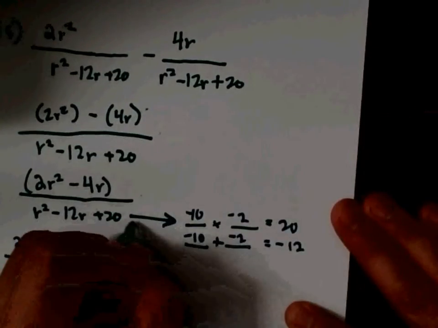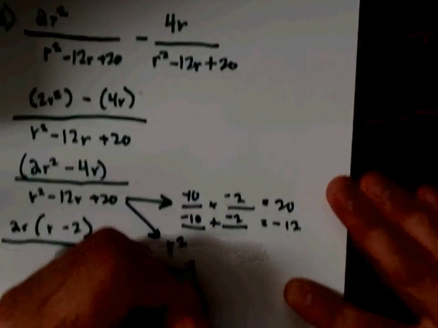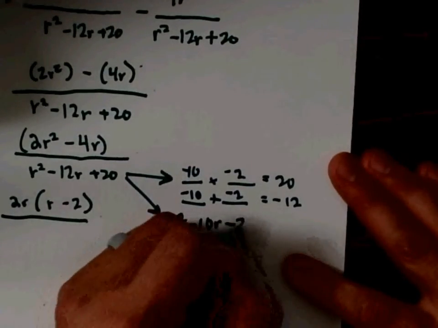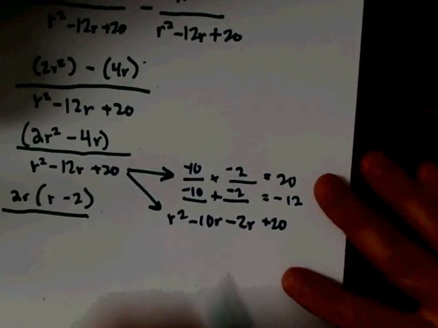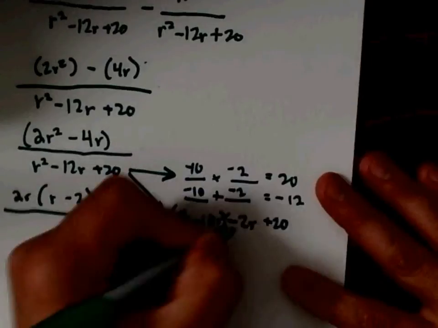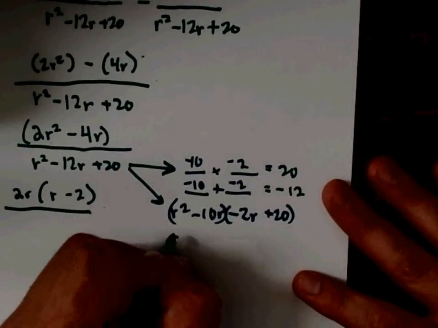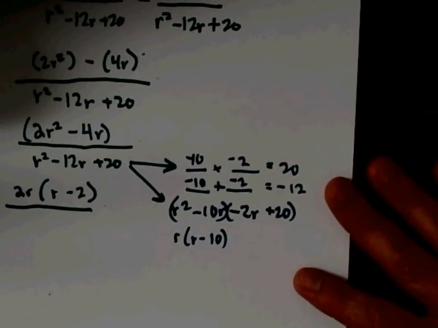Okay. Plug it back into the original. r squared minus 12r plus 20. There's my group. What's the common factor in the first one? Next one?